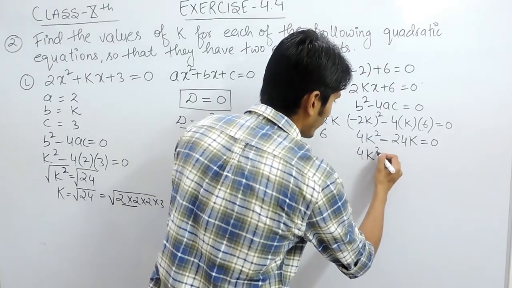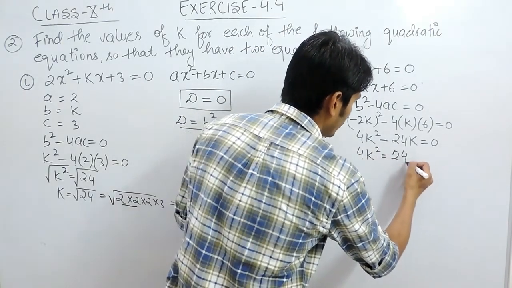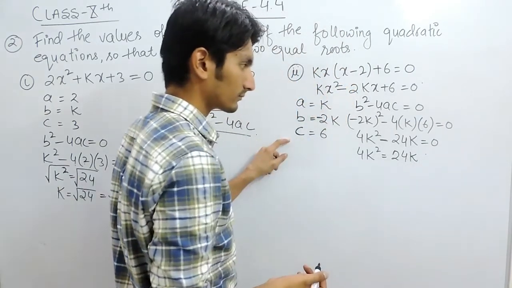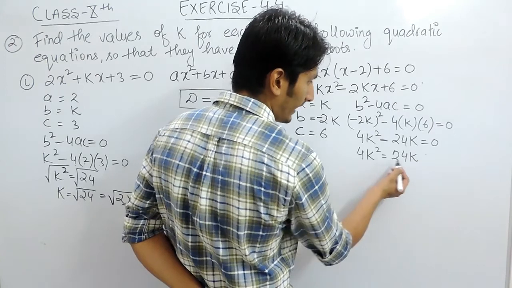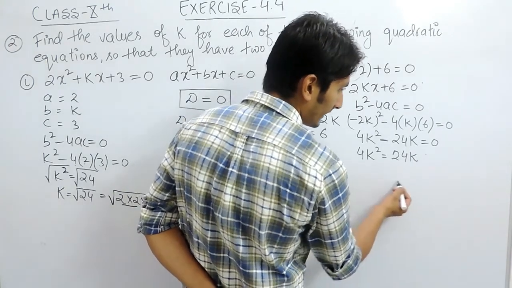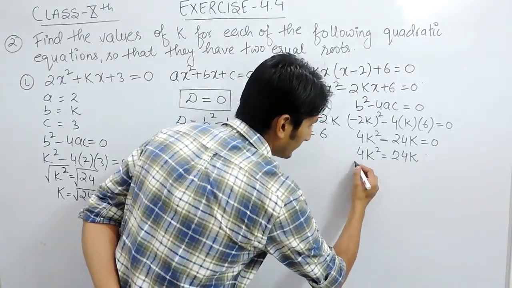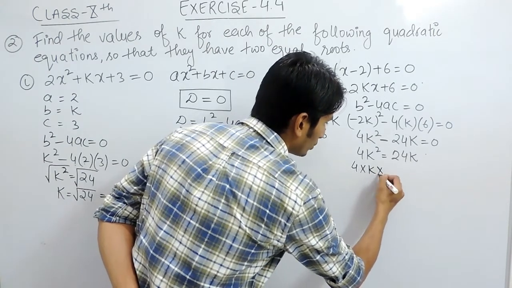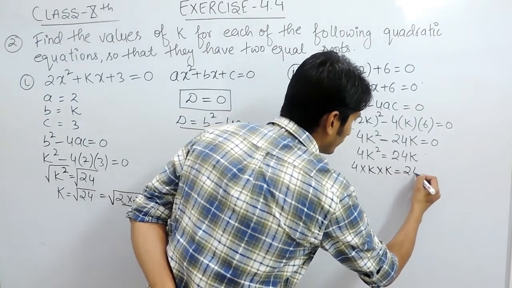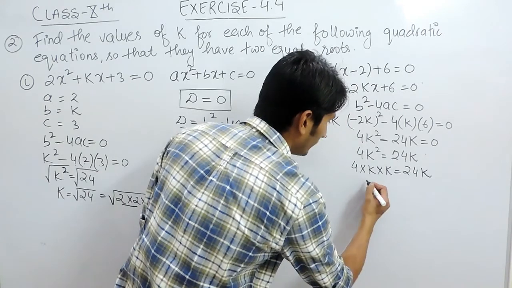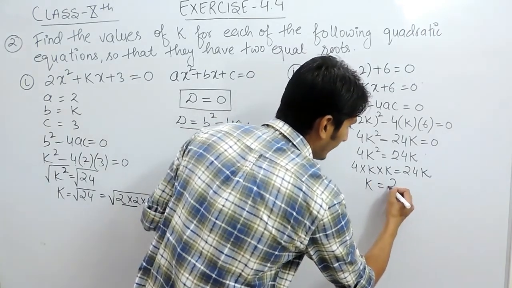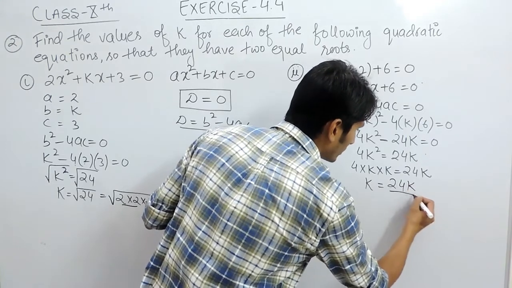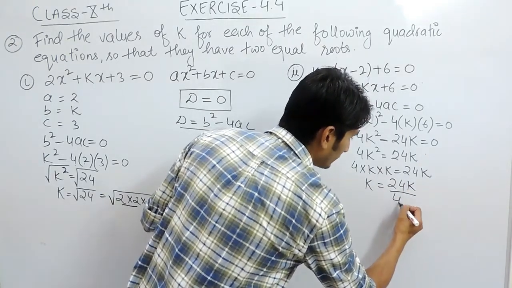So 4k square will be equal to 24k. Now this is k into k, and this is k. One k can be taken, or you can say this can be written as 4 into k equals 24k.